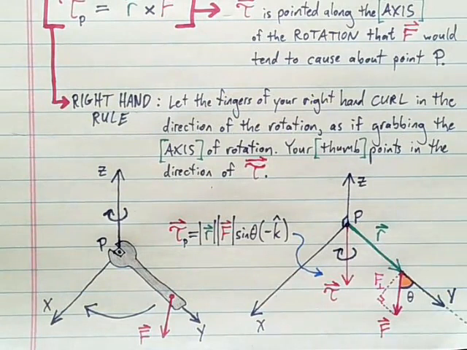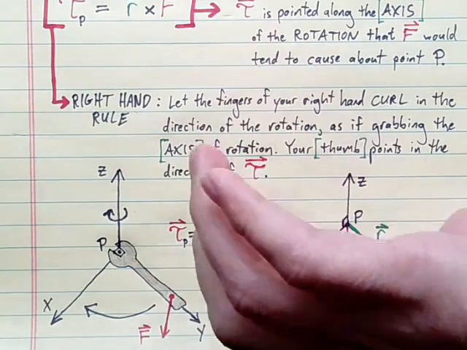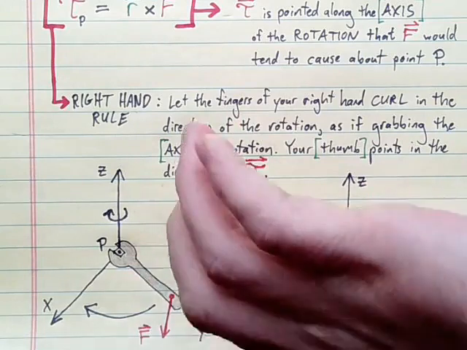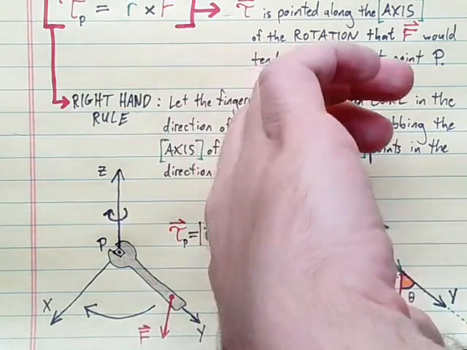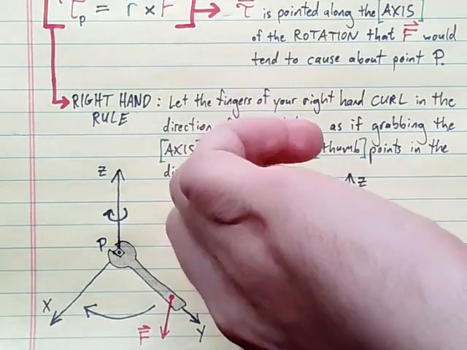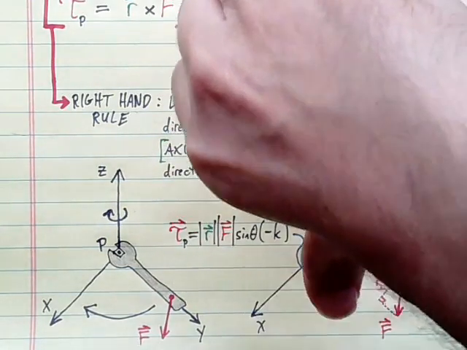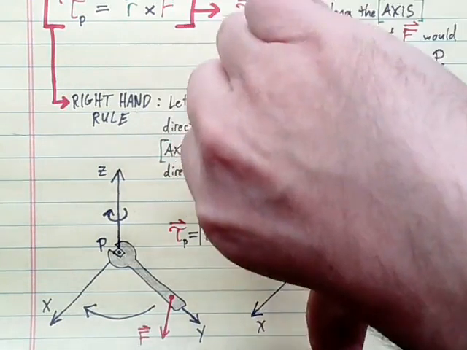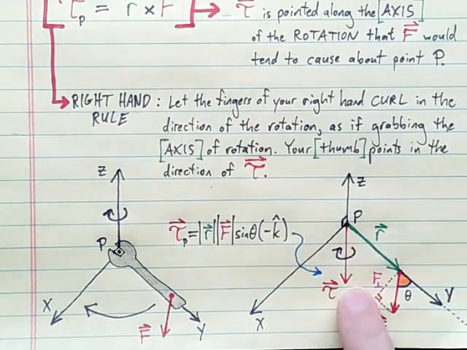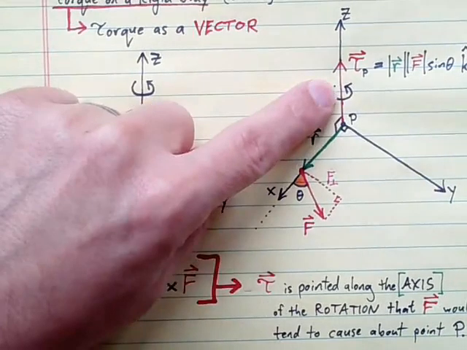We can imagine grabbing onto that z-axis in such a way that our fingers curl in the direction of the rotation. Sort of a clockwise curl to the fingers, grab that z-axis like grabbing onto a rod, and our thumb is pointing downward in the negative z direction. There's our torque vector in this case, opposite the direction of the torque vector here.